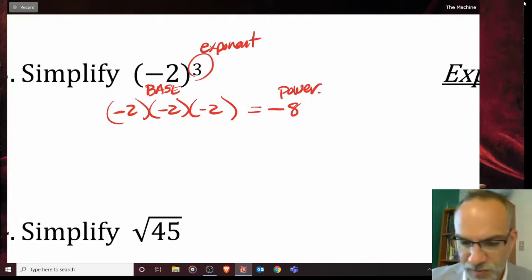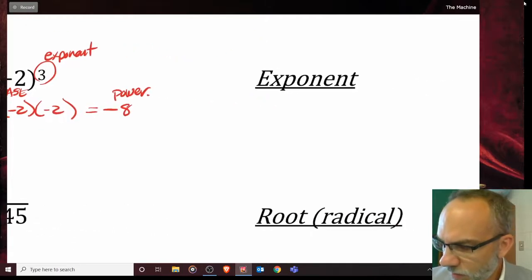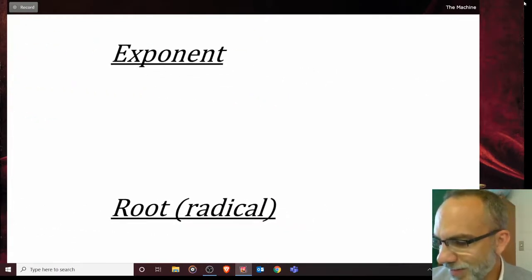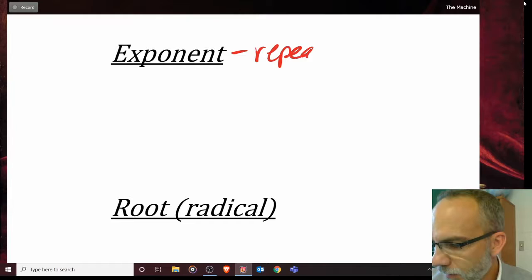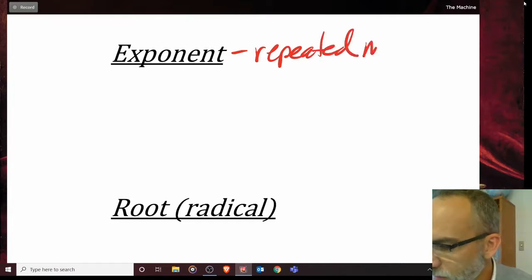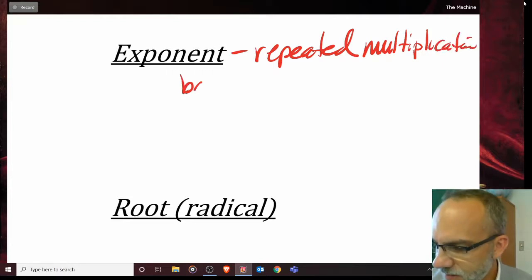It's the exponent. So, what's an exponent? It's repeated multiplication. The base is the thing that is repeatedly multiplied. How do I say that?